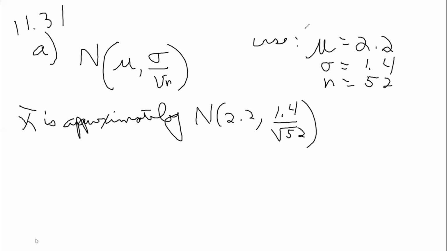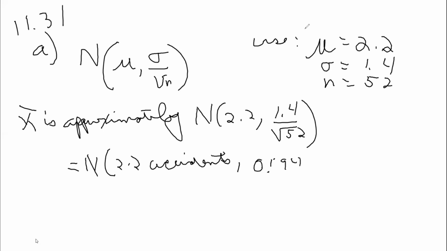Now when you do this problem, you're going to get this: N, 2.2 accidents. That's the mean. And we get 0.1941 accidents. So that's how it's written.